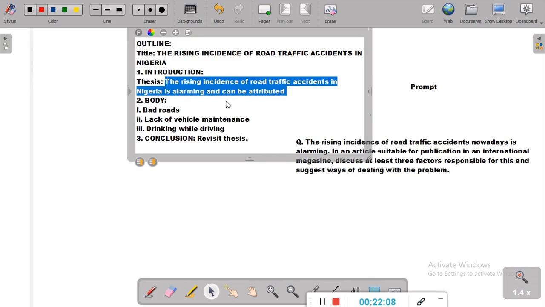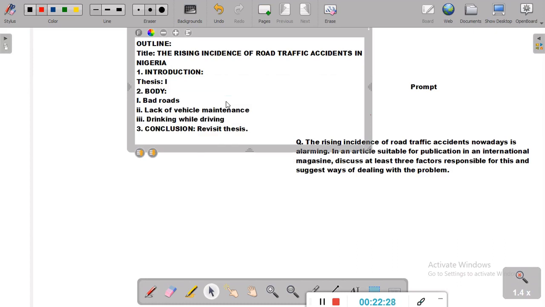Let's think creatively, and let's bring in our personal opinion here. After all, thesis is your overriding opinion, your viewpoint on this particular topic.